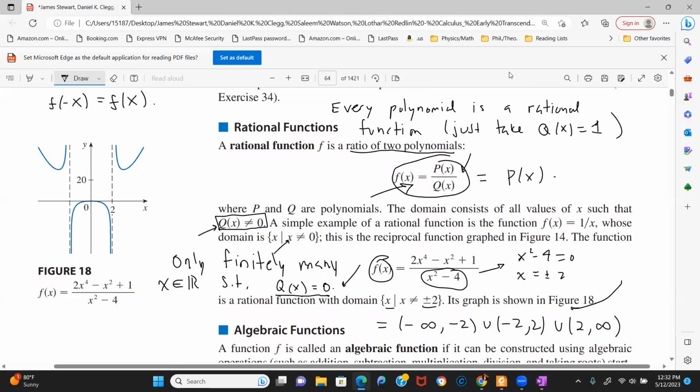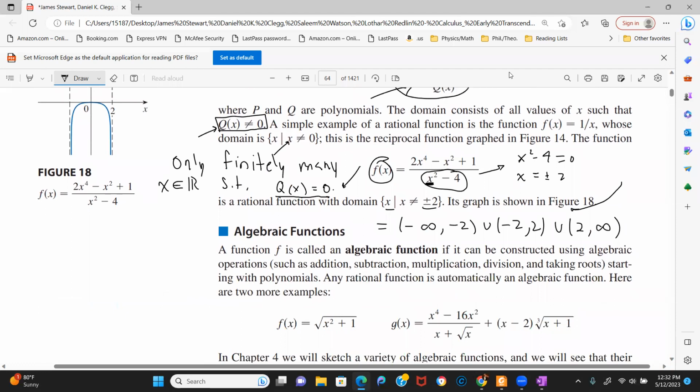If you replace x by negative x, negative x to the fourth would just be x to the fourth, and negative x squared would just be x squared. So it clearly satisfies this property, and you can see that it has that even symmetry reflected in the graph.